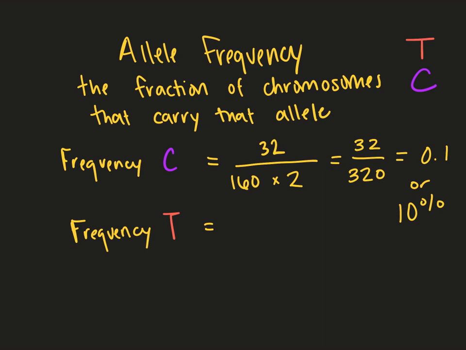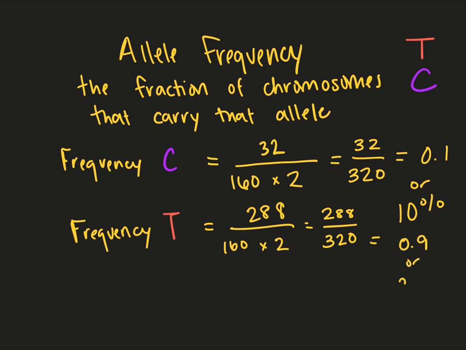So you can go back to the previous slide that had all the C stars, or just trust me when I tell you that there were 288 red dots, or 288 times that I saw the T allele across those 160 diploid organisms. 288 times across 320 chromosomes is 0.9 or 90%.